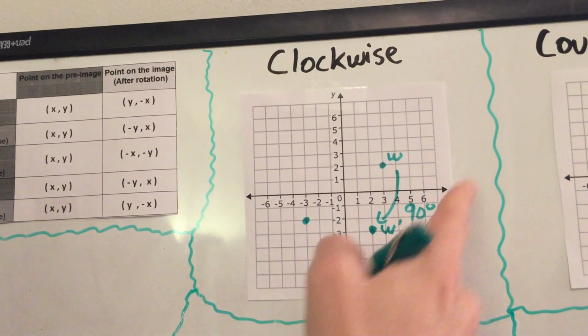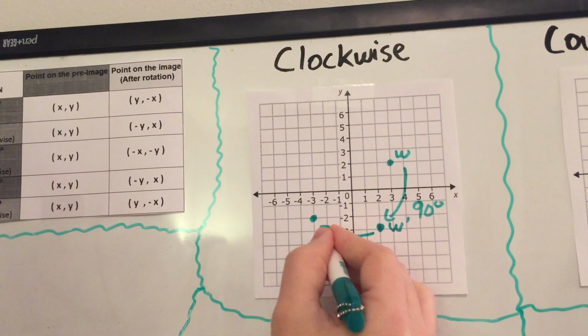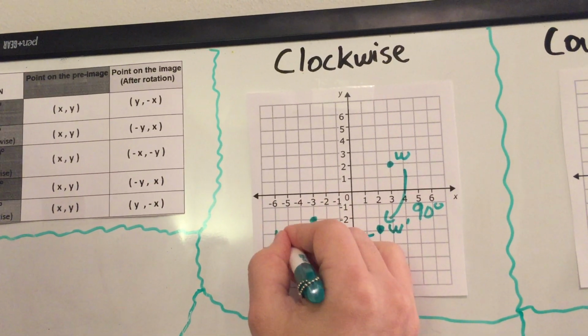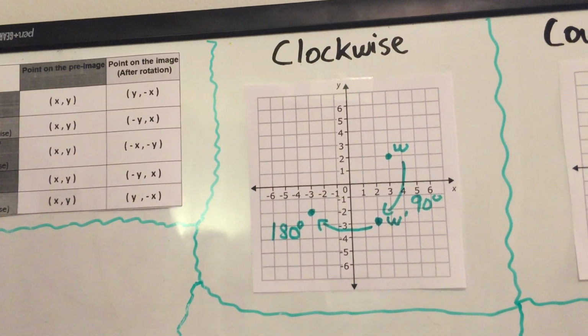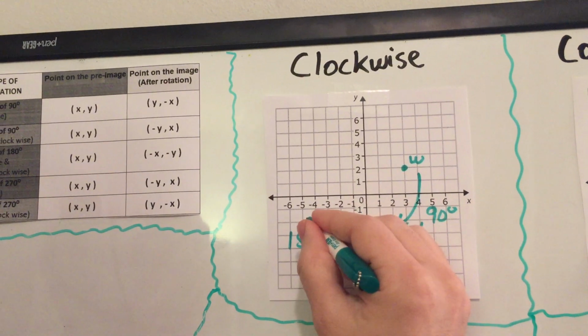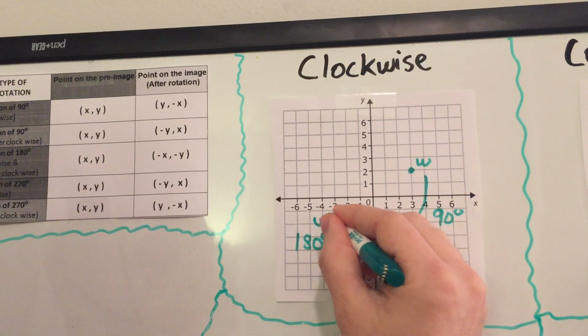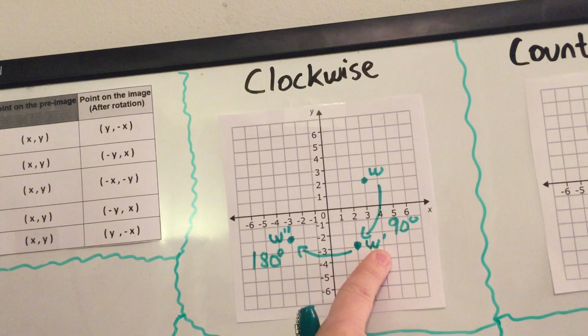So if we moved it another 90 degrees, that's going to get us to 180 degrees right there. Sorry, I forgot to label, Brodeur mistake. Now I'm going to do 2 primes because it's not the same as the previous image.